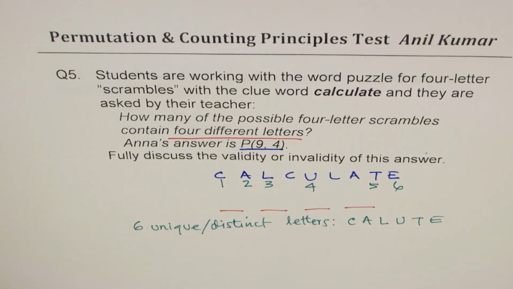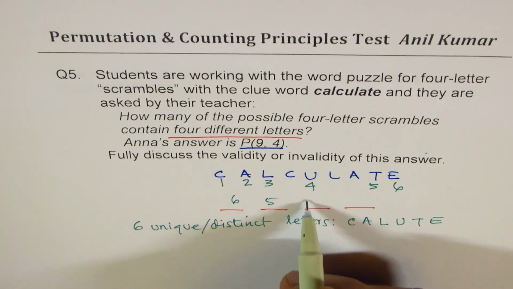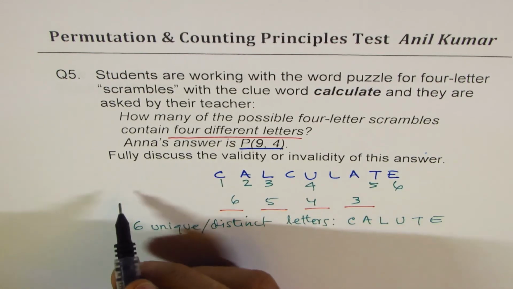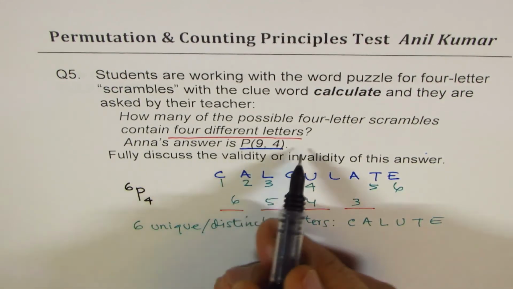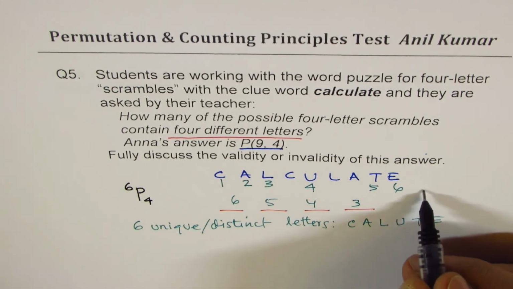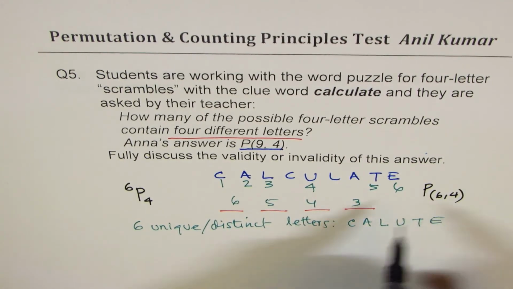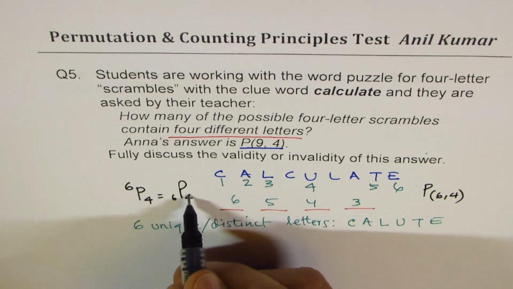Do you see that? So if you have to make these combinations, the answer should be 6, 5, 4, 3, or it should be 6P4, correct? Which could be written in different ways. As you can see, we could write this as P(6,4). So there are different ways in which we are using the symbol. You could also write 6P4, correct?